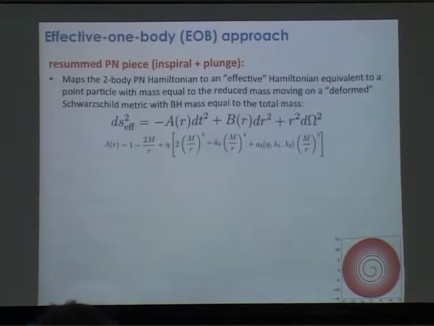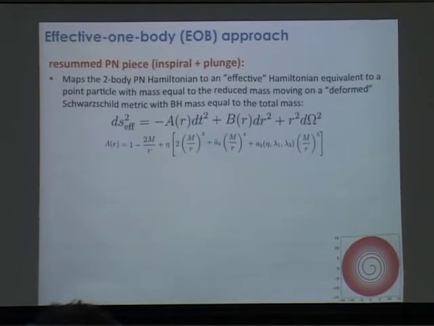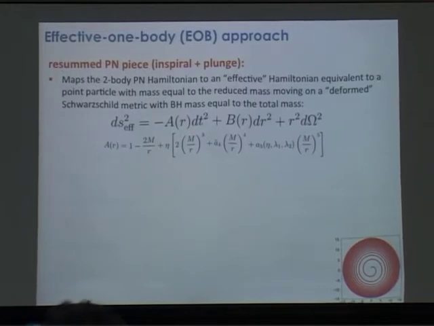So it's trying to implement this idea I just talked about, Newtonian gravity but in a relativistic sense. And what you effectively get out of this mapping is a metric which looks like the Schwarzschild metric, but is deformed in terms of a parameter eta, which is just the mass ratio.